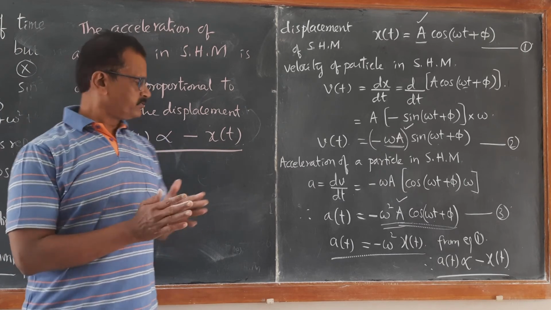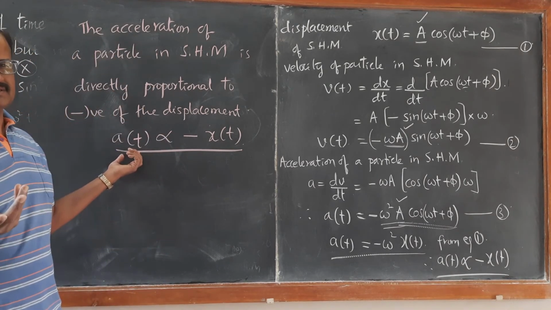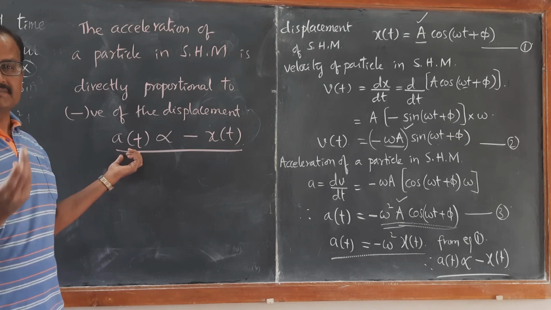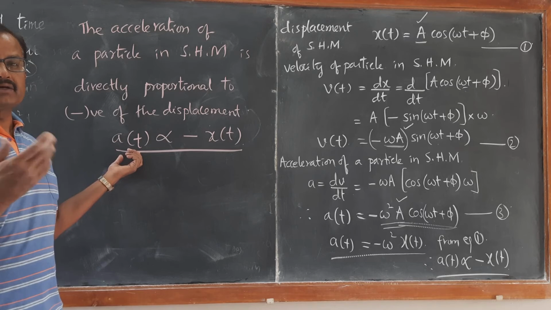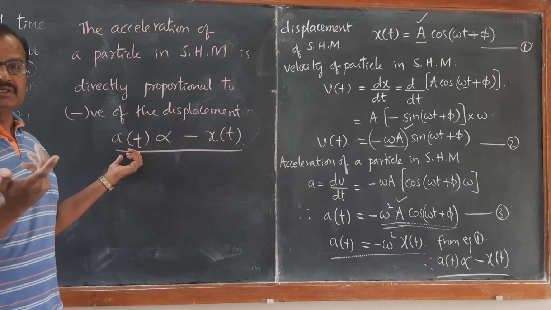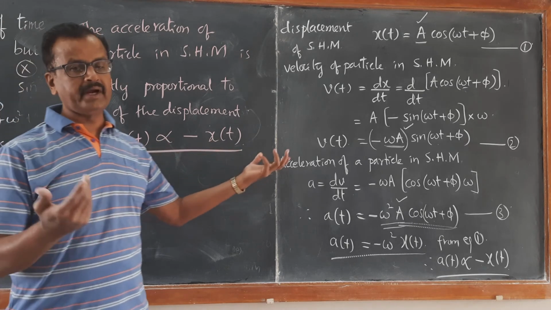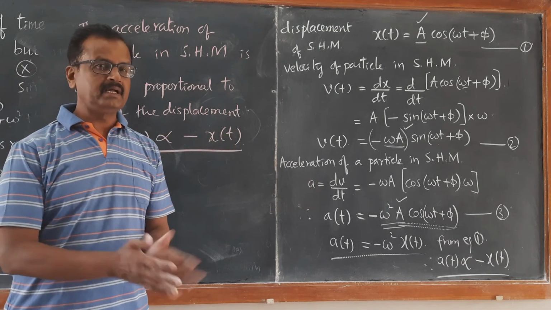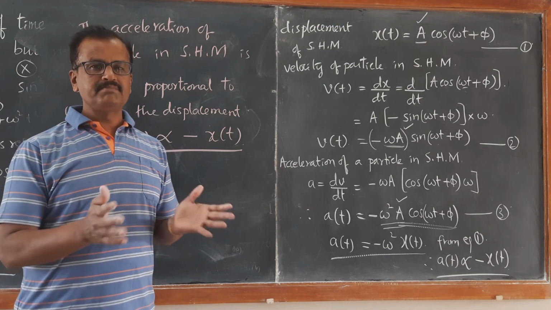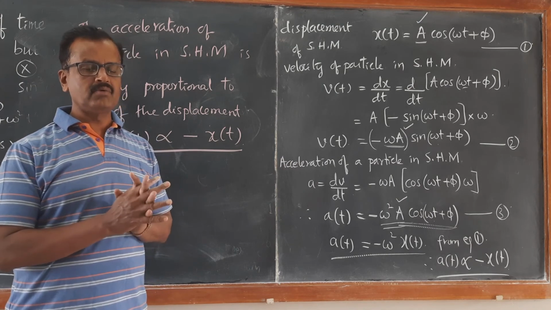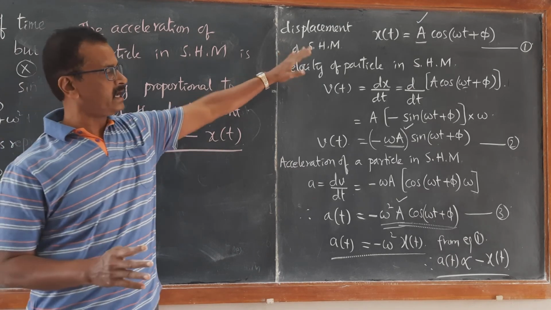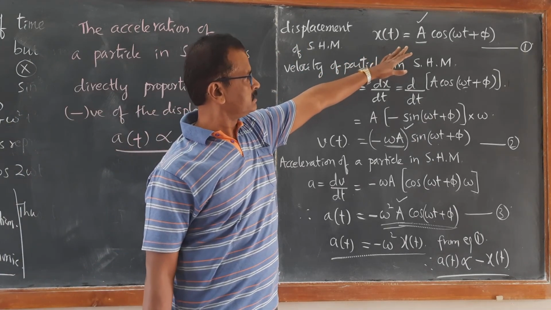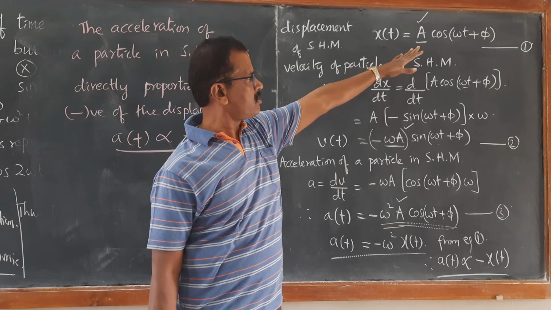Right? If acceleration is multiplied by the mass of the particle, it gives you the force acting on the particle undergoing simple harmonic motion. If that force is directly proportional to the negative of the displacement, then definitely that represents simple harmonic motion. So that's how we study the necessary and sufficient condition. The displacement should be of the form a cos(omega t plus phi).